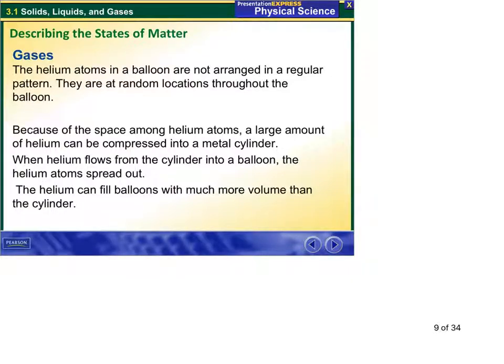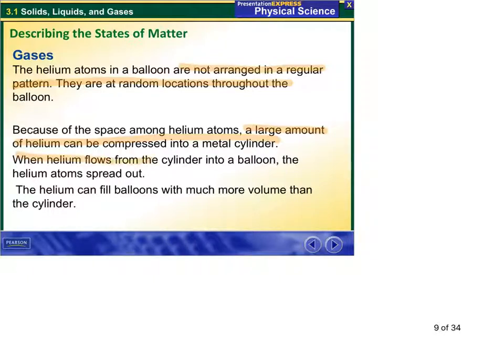Atoms in a gas are not arranged in a regular pattern, in random locations throughout the container. And because of the space between helium atoms, a large amount of helium or any other gas can be compressed into a metal cylinder.